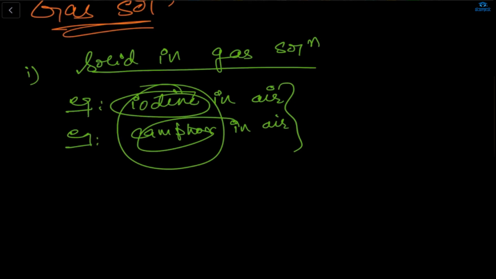Iodine is mostly present in the salt. Otherwise, if iodine is not present in the salt, we have a kind of disease called goiter. So I mean, your throat swells up. Yes. So in NaCl, iodine is present. That's why iodine is referred to here as a solid in air, meaning solid in gas solution.